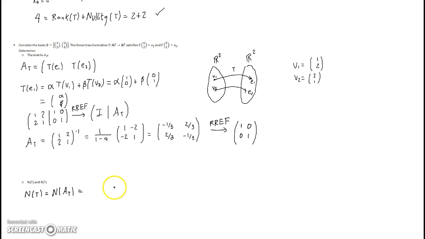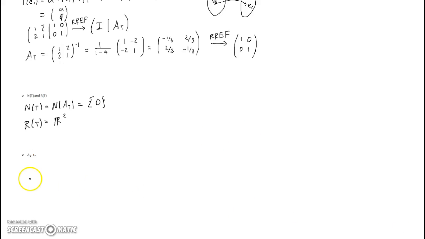And then the null space is 0, because whenever you find the solution to the homogeneous system of equations corresponding to this matrix, it is going to have only the trivial solution x equals 0. So that tells you that the null space is 0, and the range hence is the whole of R2, because you have precisely 2 pivot positions, so you span all of R2.